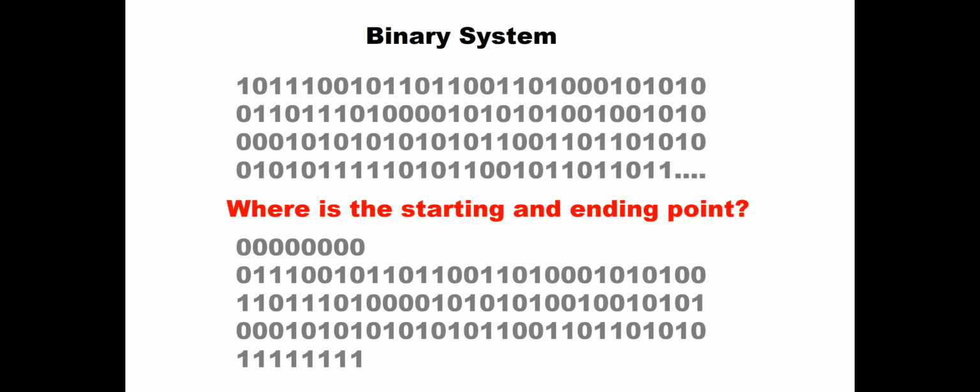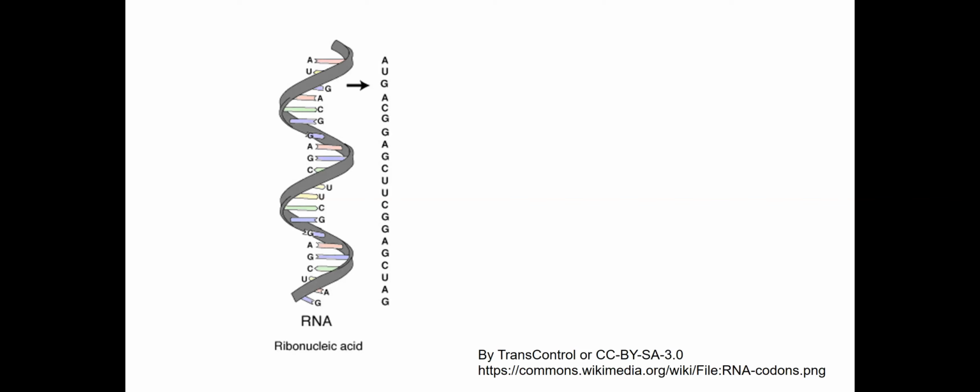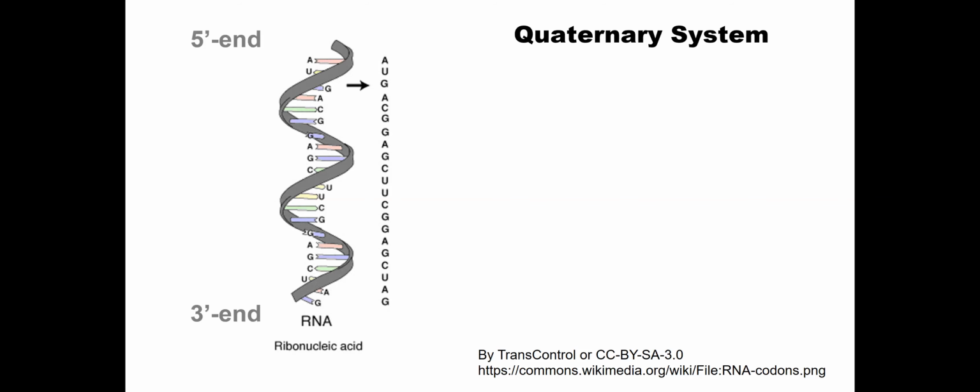So similar things we can apply to the biological system. Now we found that our biological system is not a binary system. We have 4 different kinds of building blocks. ATCG is similar to 0, 1, 2, 3, utilizing this quaternary system, and it also has direction. It's not random from either direction.